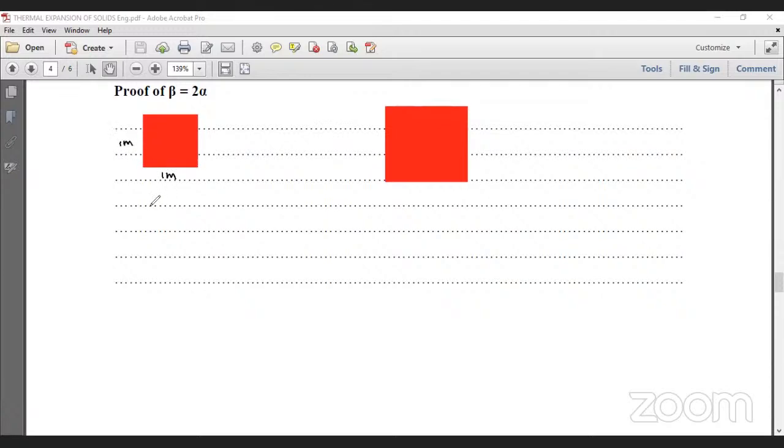The unit area I'm considering, so the area of this one is 1 square meter, at temperature theta. So I increase the temperature by 1 Celsius degree. Now the new temperature is theta plus 1, right?